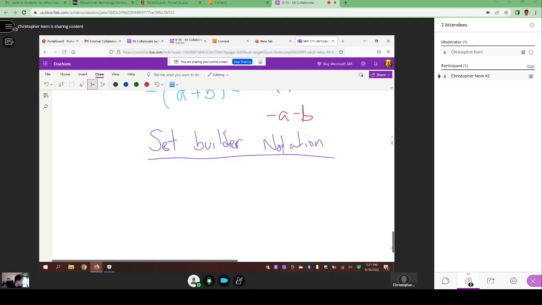So there's some language we need to discuss. A common language that you'll be seeing in the class is something along the lines of curly braces with these symbols. Instead, I want to do this: such that, let's see, let's do 0 less than or equal to x less than 7.